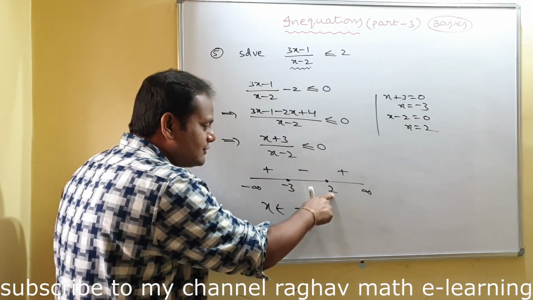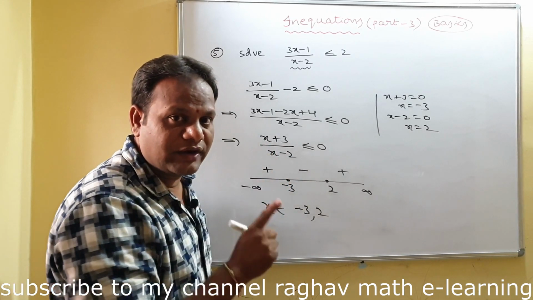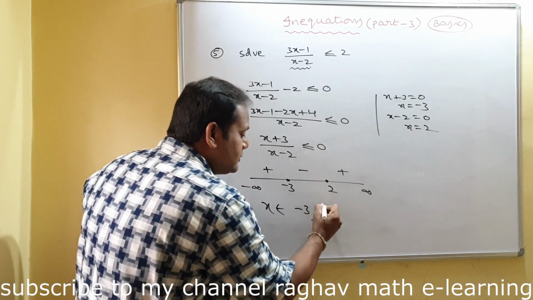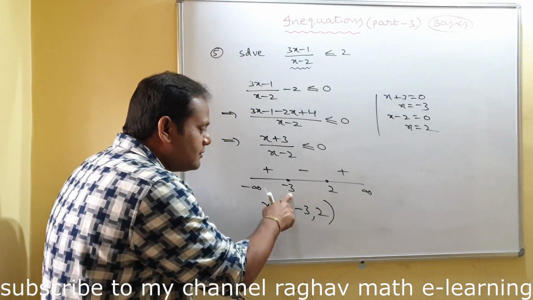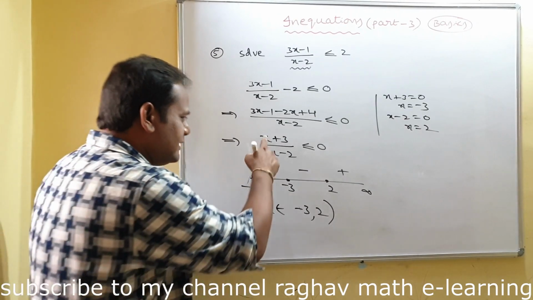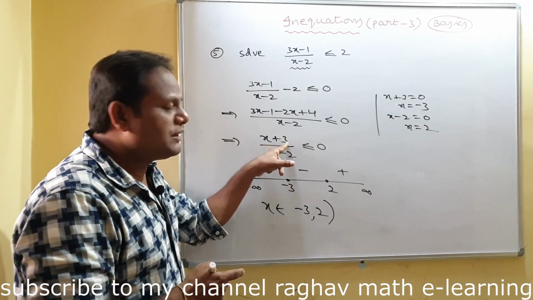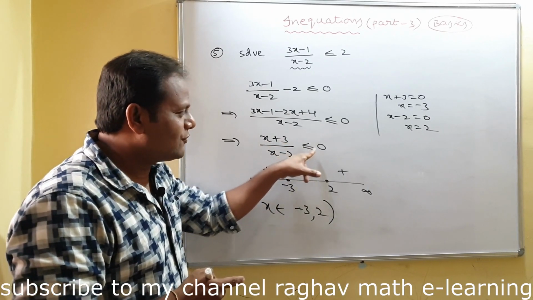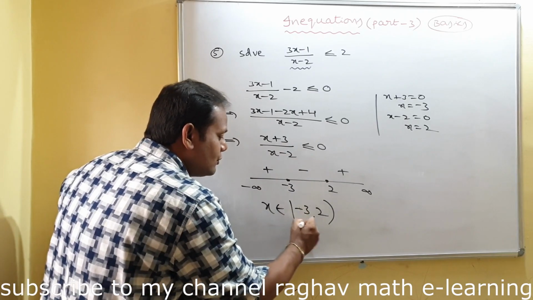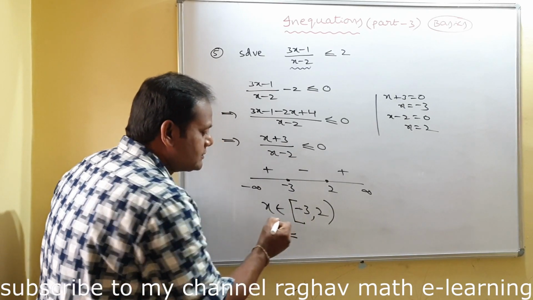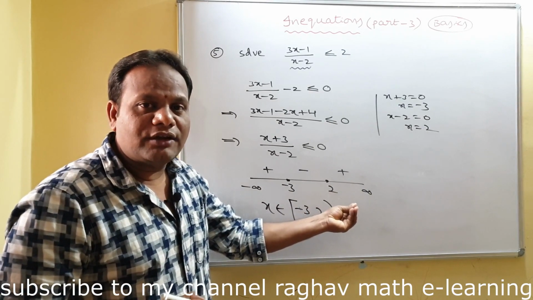If you take x equals 2, the denominator becomes 0. Then that is not defined. Is it? So you can't take 2, for this open interval. Can you take minus 3? Yes, you can. If you take minus 3, x plus 3 becomes 0. Yes, equal to 0 we have. So you can take minus 3. So the answer is x belongs to the closed interval minus 3 comma open interval 2.